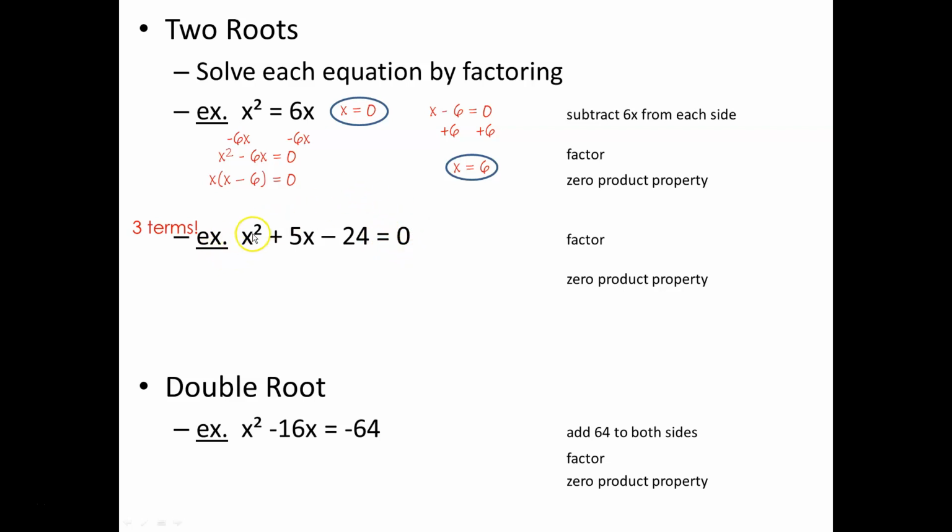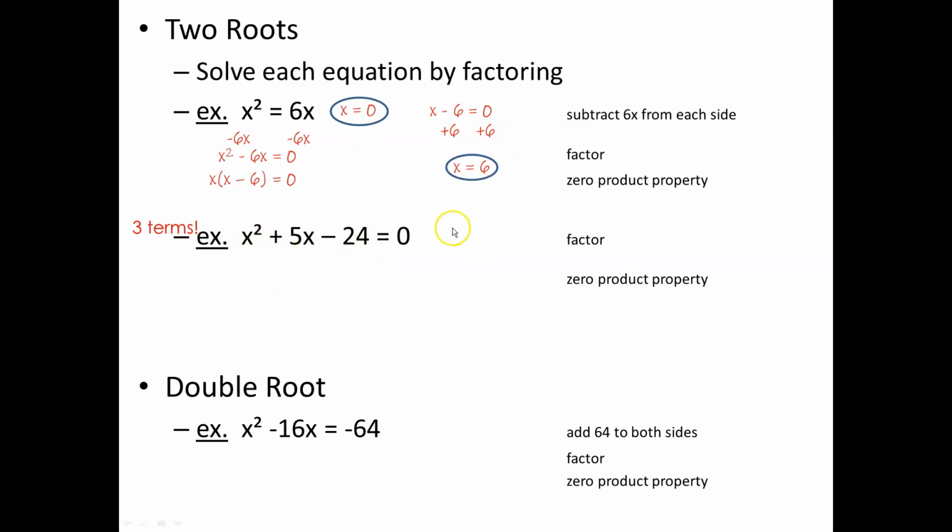So how are we going to factor this? Well, we have 3 terms. There's an x here, an x here, and no x here. We have numbers, numbers, but no numbers over here, so we don't have a greatest common factor.